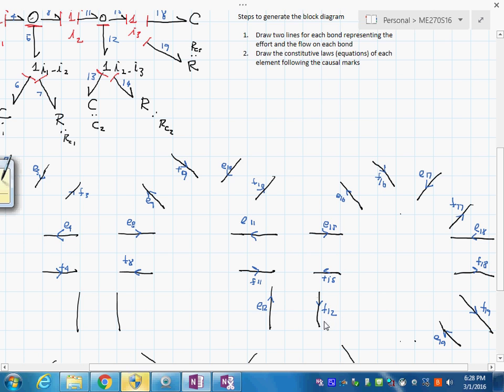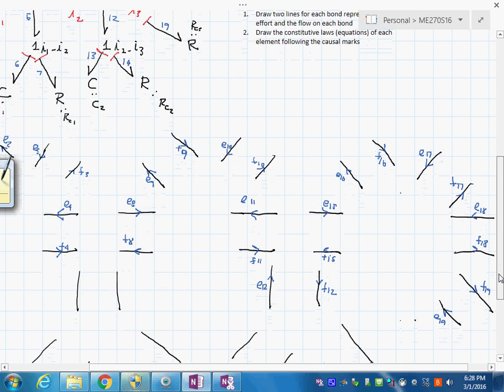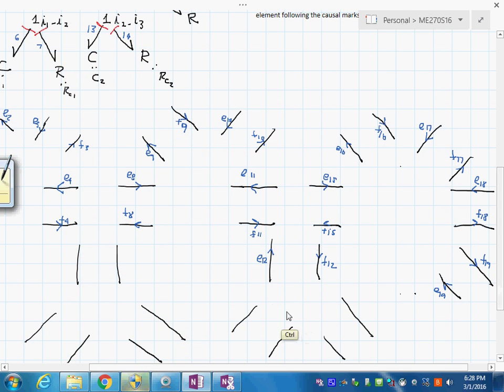Very good. So now that we have put the numbers and the directions of the flows on each one, perhaps let's draw the constitutive equations on each element following the causal marks. And so let's do that.